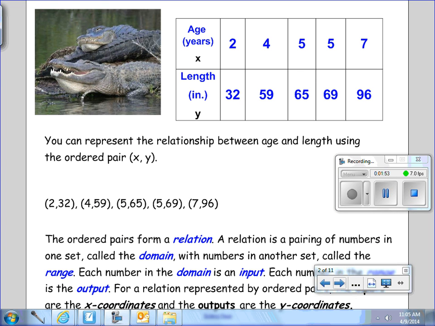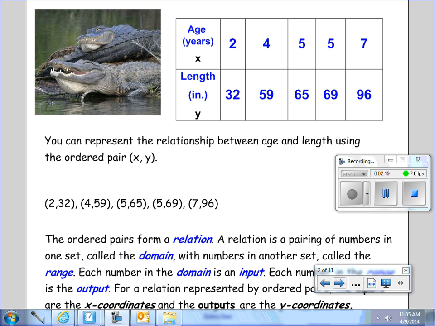So, I have a picture and we're talking about crocodiles. In this relationship, we've got age in years, which is our x, which is our domain, in relation to the y value, which would be their length. So you can represent the relationship between age and length using the ordered pair of x and y.